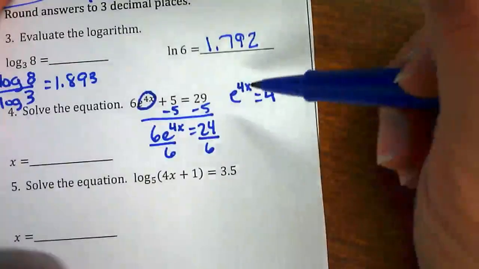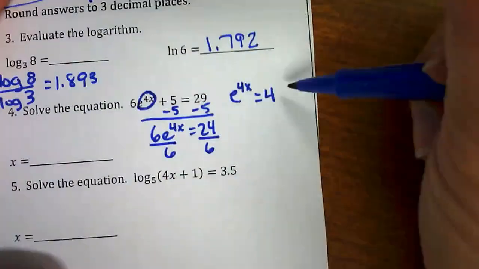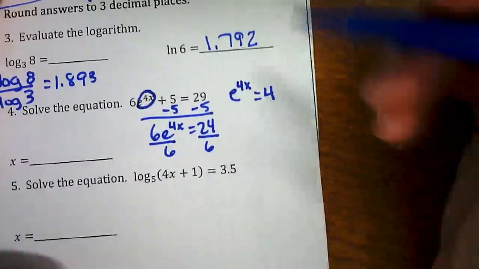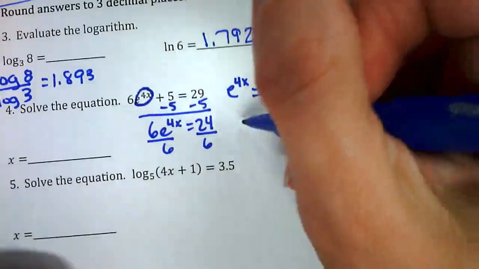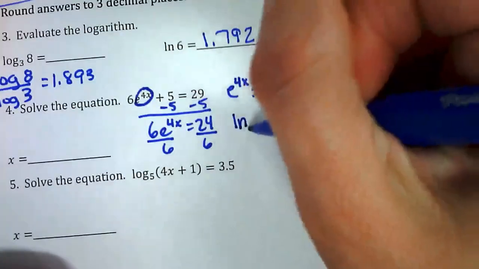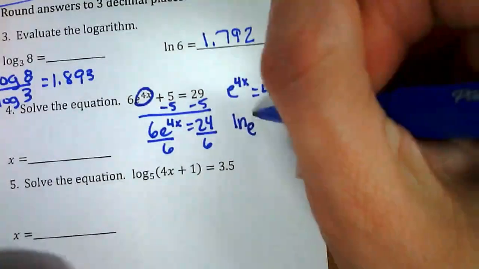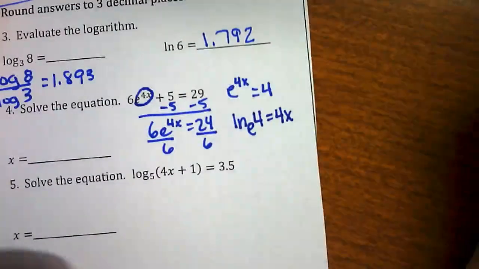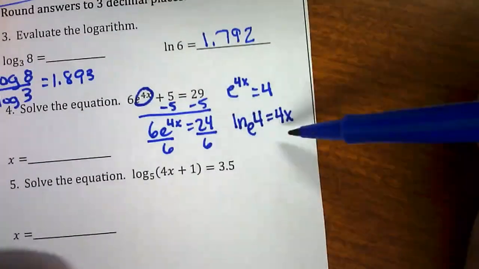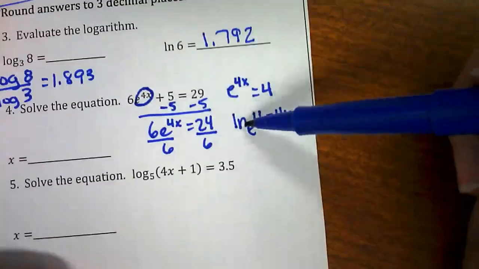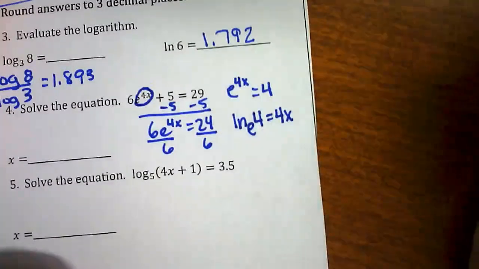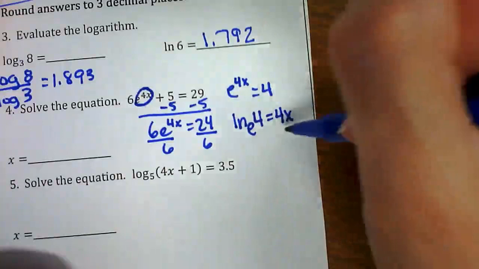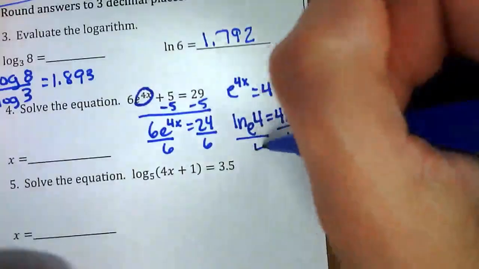At this point, I have an exponential function set equal to a number. One way to solve this is to change it to a log. So natural log base e of 4 equals 4x. All I did was rewrite it as a log. I used natural log because the base was e. To get x by itself, I would divide both sides by 4.